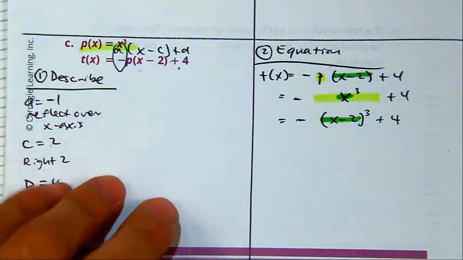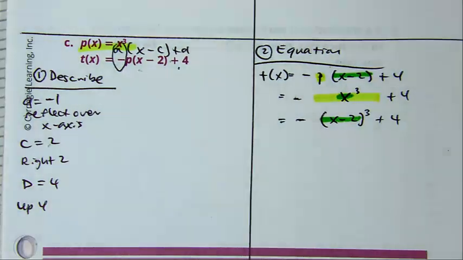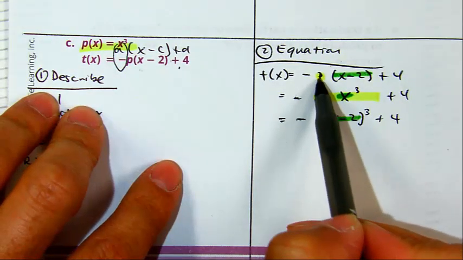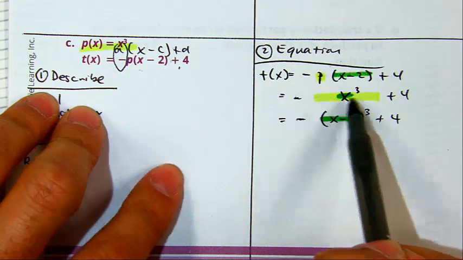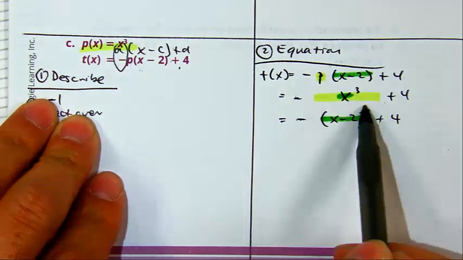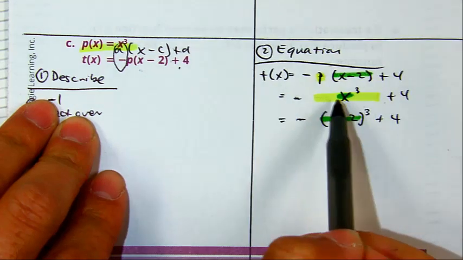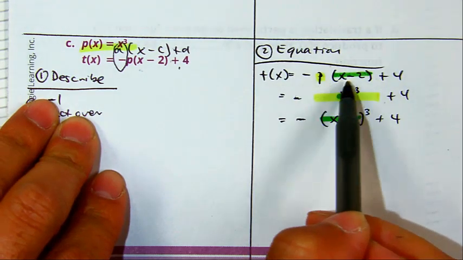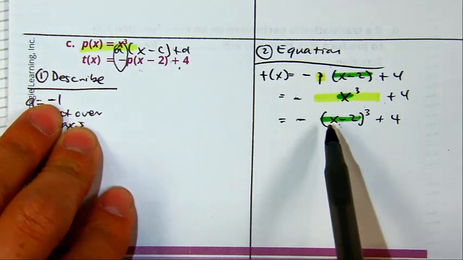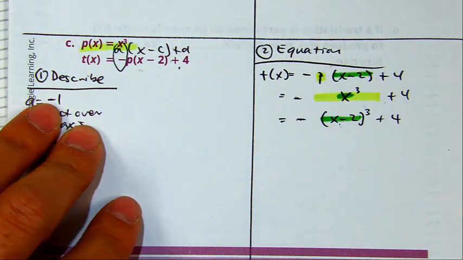Let me explain it one more time, and I'll explain it in an alternative way. I see P, and this is my first substitution in yellow, because P is x to the third. But then it tells me for every x value of P, we're going to put in x minus 2. That's the green. Okay? Here's another way of describing my substitution.